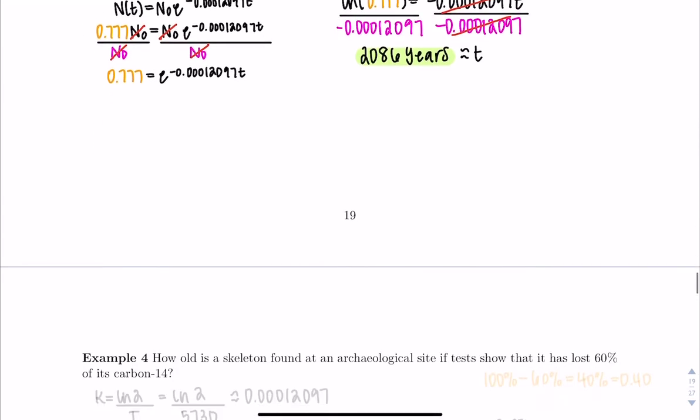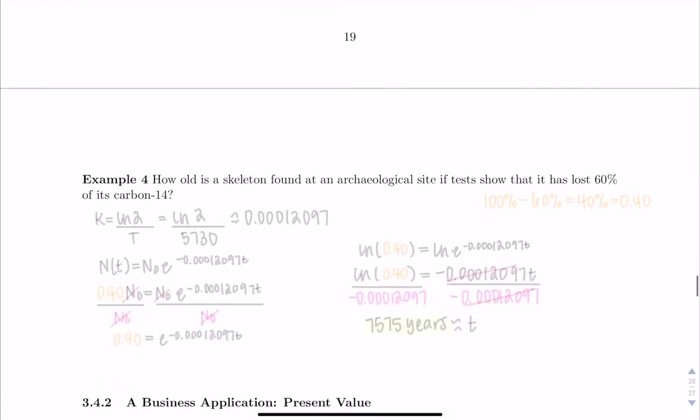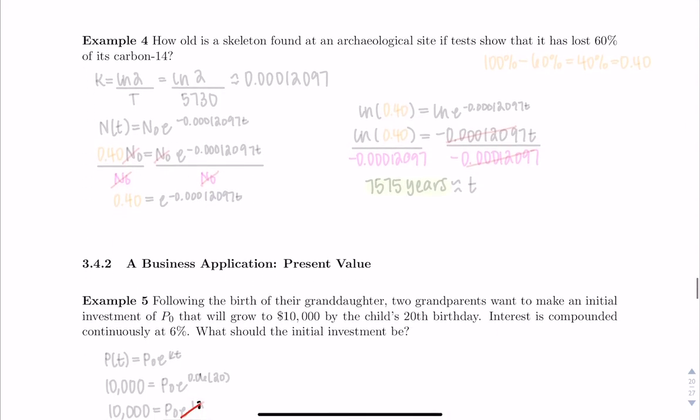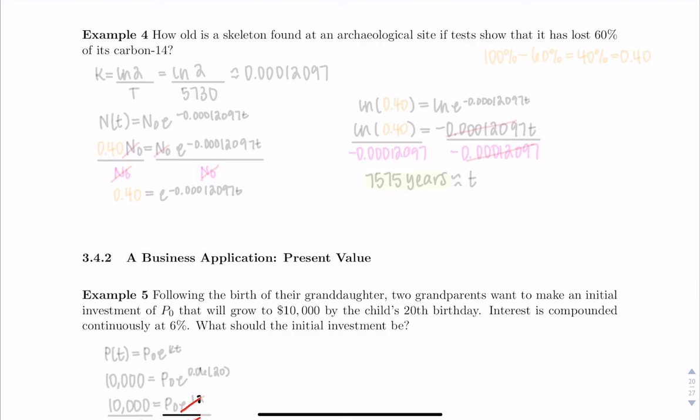How old is a skeleton found at an archaeological site if tests show that it has lost 60% of its carbon-14? So this is very similar to the one we just found. We need to find K first. We need to know what the decay rate is. And so K is ln of 2 over T. From the previous example, we know that carbon-14 has a half-life of 5,730 years.